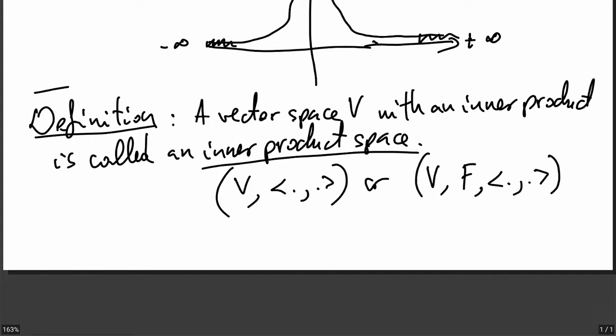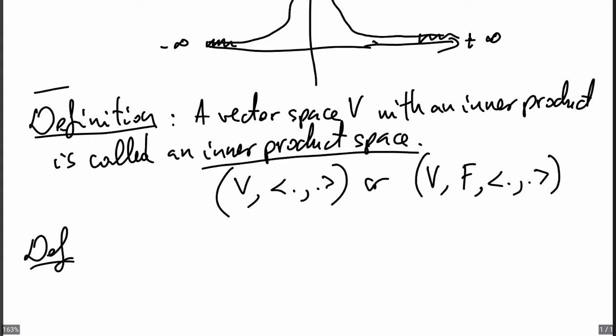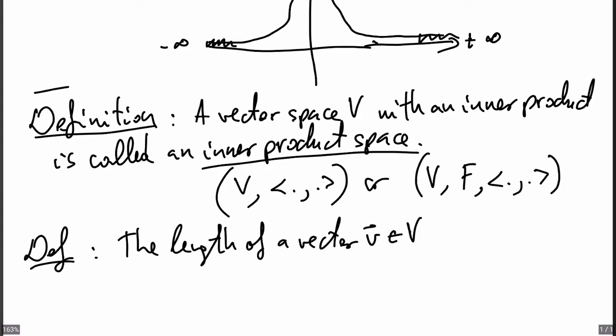Once we have an inner product, we can define the length of a vector. The length of a vector in the vector space V, if it's an inner product space, is defined using double absolute value notation.